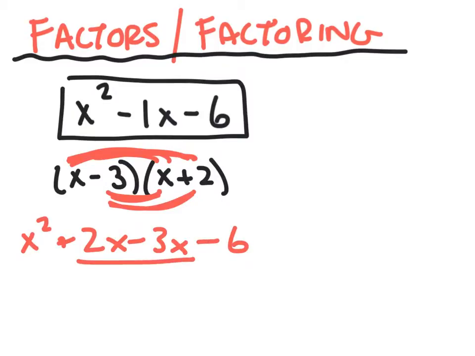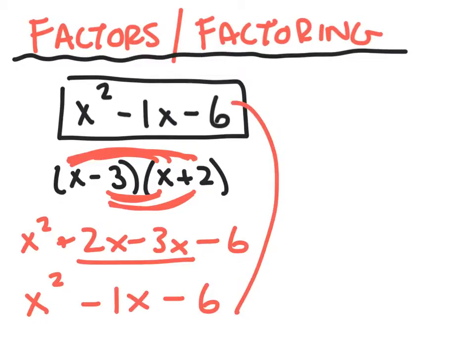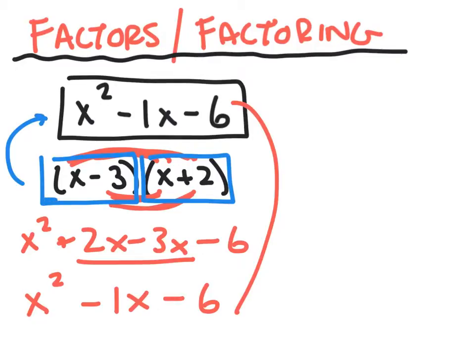Notice that the middle group can be added together to give you the -1x minus 6. There's our guy. So do you see how legitimately these two are what are called the factors of this thing? Because they're two things that divide into it cleanly, and they multiply together to give you the original item.